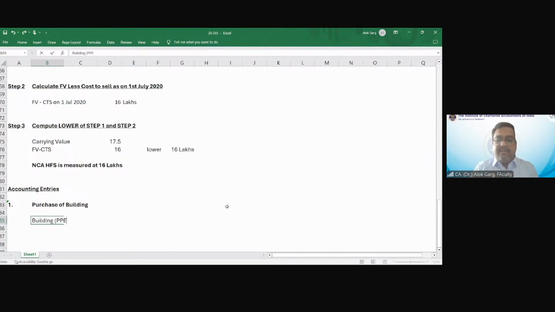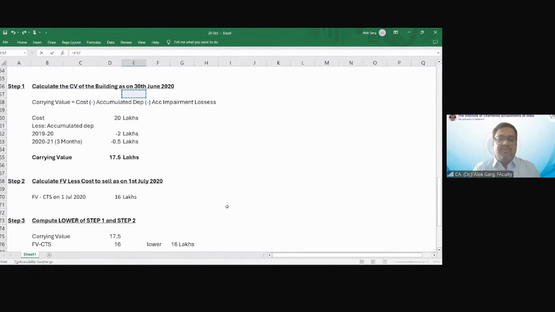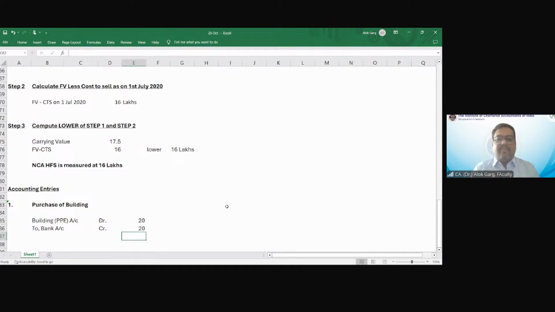Building PPE account debit to cash or bank, whatever. It was PPE at that time, correct? Can I write this to bank? Yes, sir. Only bank. So what is the price at which this building was purchased? 20 lakhs, as per Ind AS 16.